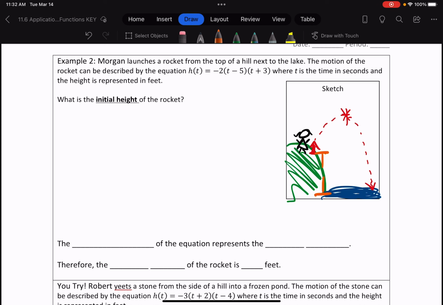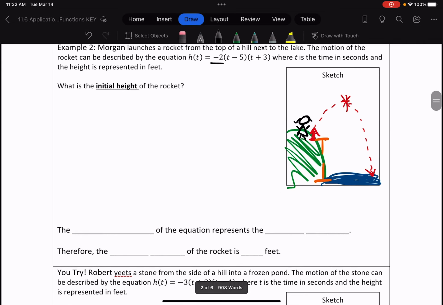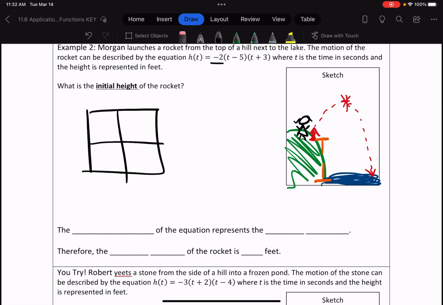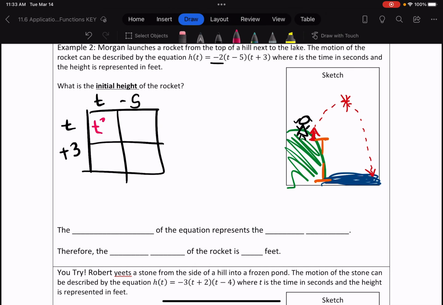In order to do that, I've got to convert from factored form to standard form. Remember, we can use the box method, but we've got an initial value of negative 2, so we will have to distribute that. First thing I'm going to do, sorry about that, guys, is multiply t minus 5 times t plus 3. That's going to give me t squared, minus 5t, 3t, and negative 15.